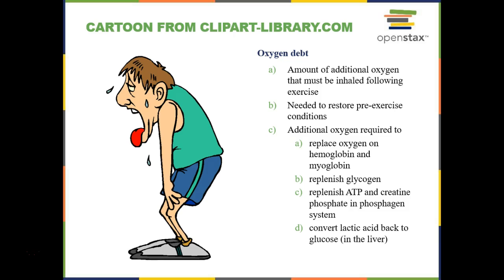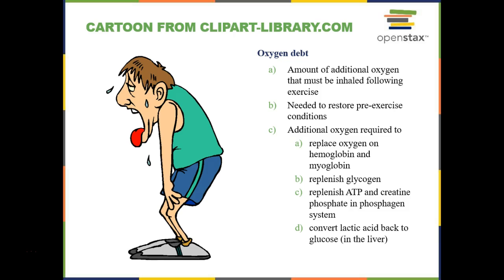Hemoglobin binds oxygen. Myoglobin binds oxygen in muscle fibers. And so the oxygen that our muscle is using comes from both hemoglobin, which delivers oxygen to our cells, and myoglobin, which stores oxygen in our muscle fibers.